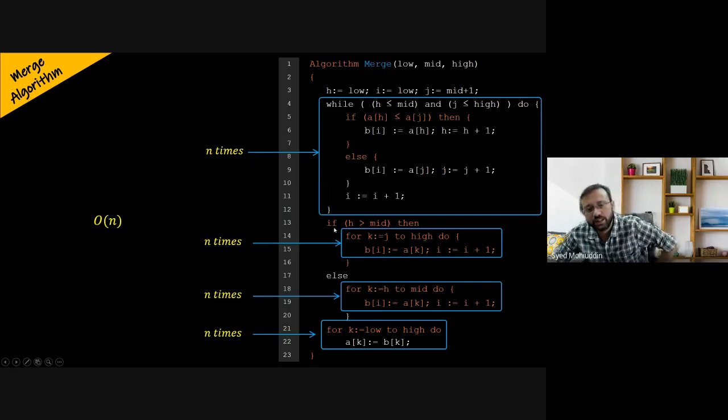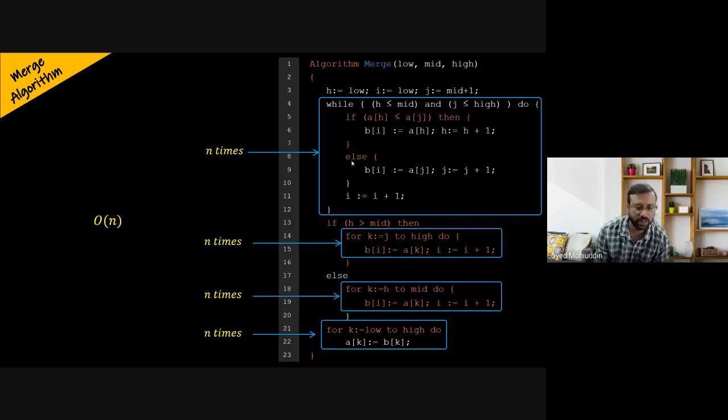Then these are if statements with primitive statements inside, but inside the if statements we have a for loop. This for loop also may run for n times. This for loop also at most will run for n times. Then copying the elements back into the array also runs for n times. Now remember, these are not nested loops. They are individual loops, and each one is running n times.